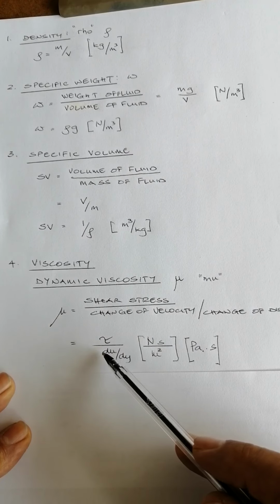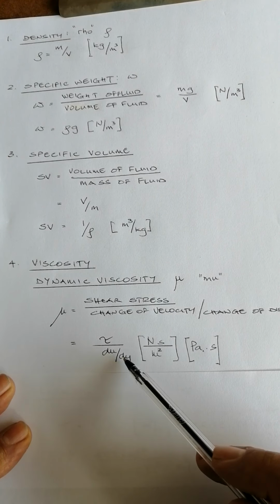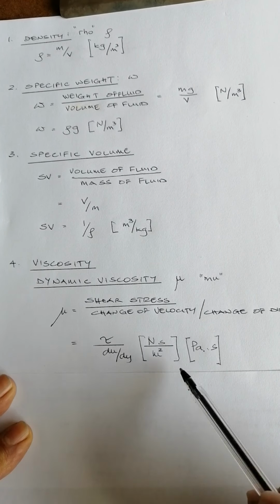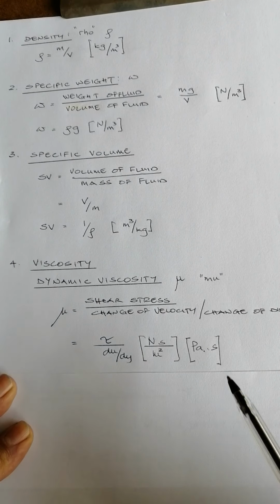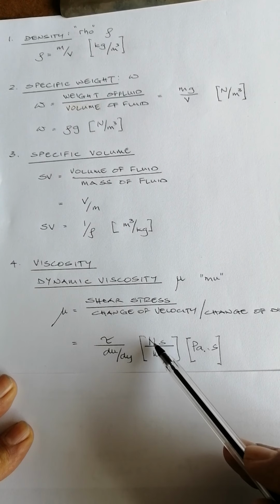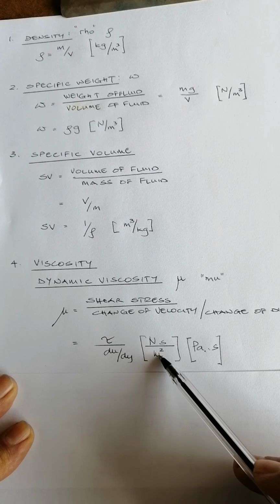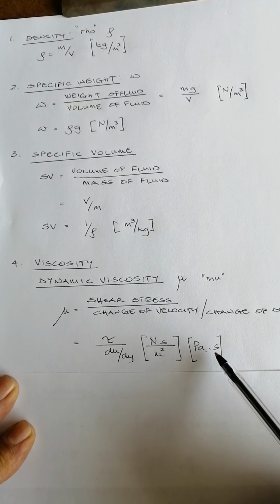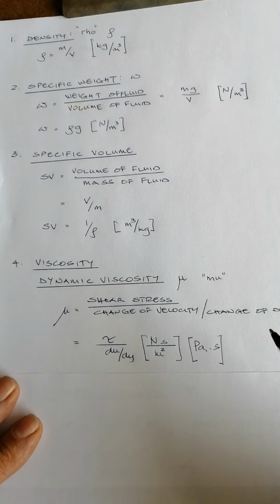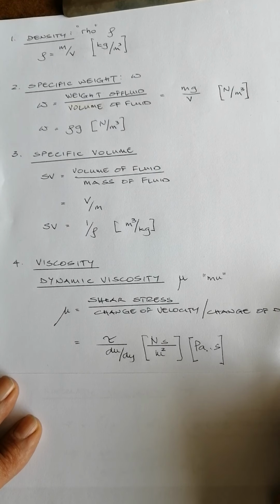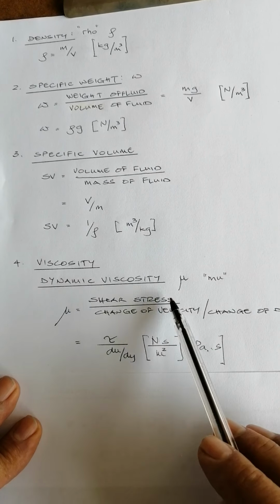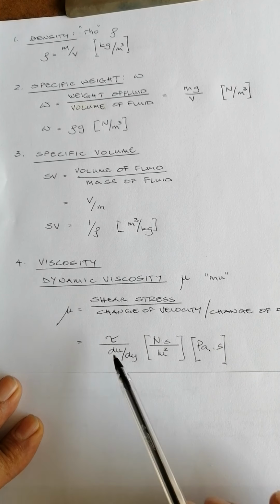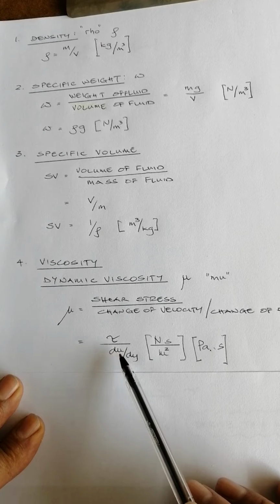And if we derive and simplify du by dy, we find out that that is per second. So the unit for your dynamic viscosity is either written as Newton second per square meter or Pascal second. Not per second, Pascal second. So that would be the equation for your dynamic viscosity. Again, shear stress divided by your change of velocity over your change of distance, tau divided by du by dy.